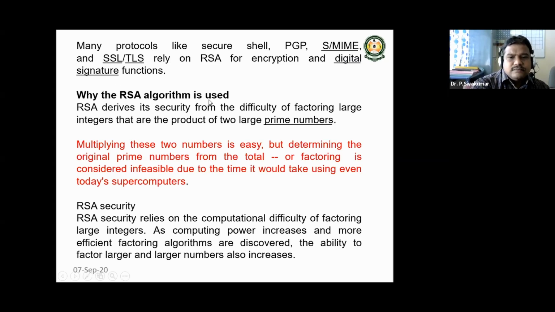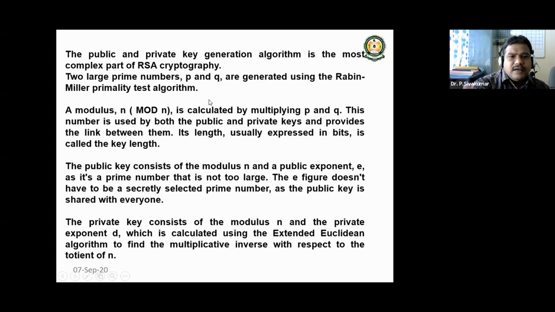Normally at the time of key generation, we require two large prime numbers P and Q, because the modulus n is obtained as the product of these two large prime numbers. These primes are chosen only by the user.